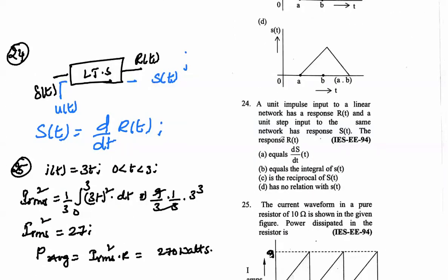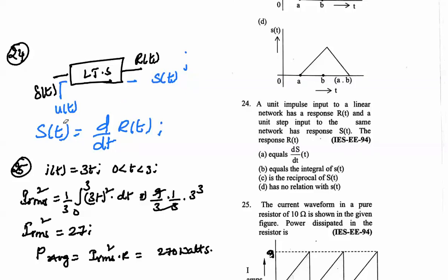Next, a unit impulse input to a linear time invariant network has a response R of t, and a unit step input to the same network has a response S of t. The response R of t is, so here we have a linear network, for which first we give a unit impulse as an input and we get the response R of t.